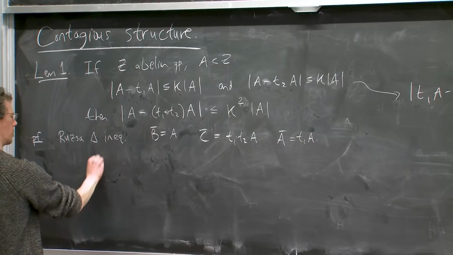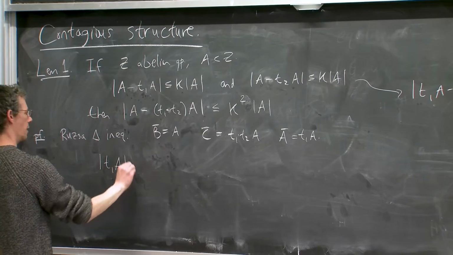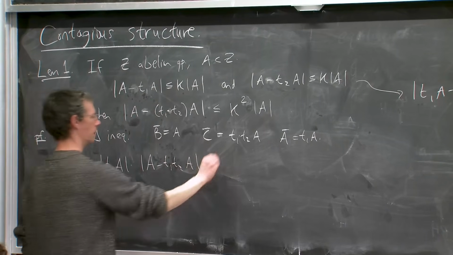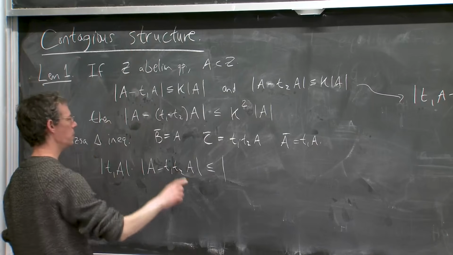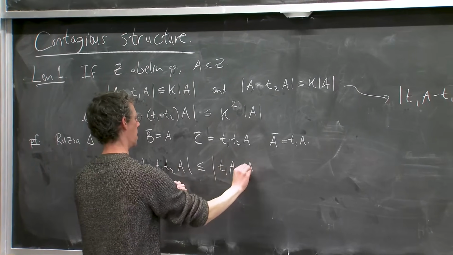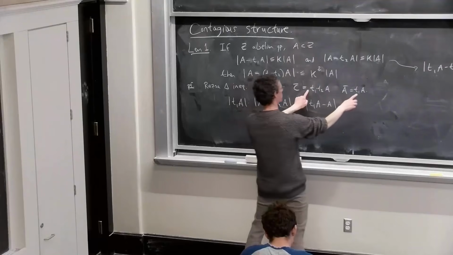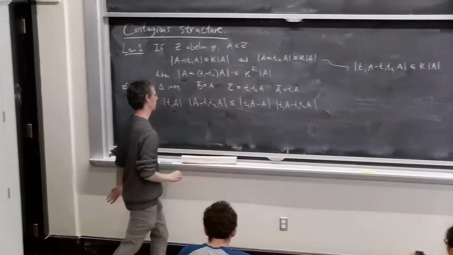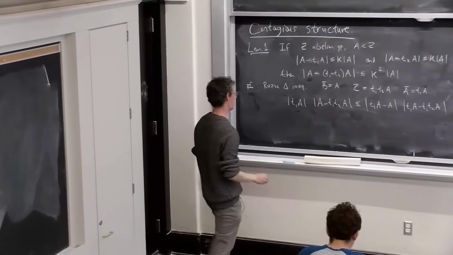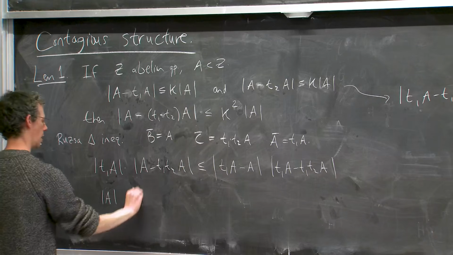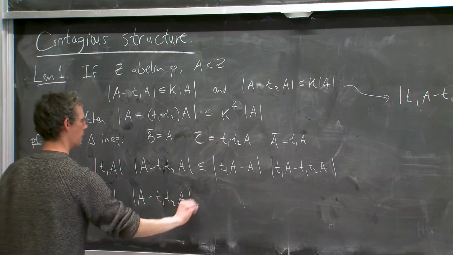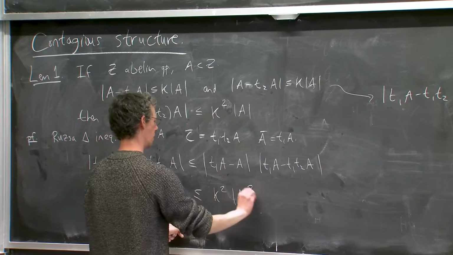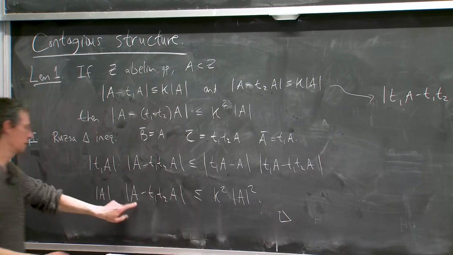Then the inequality says the size of T1A times the size of A minus T1T2A is bounded by the size of A-bar minus B-bar, so T1A minus A, times the size of A-bar minus C-bar, T1A minus T1T2A. So A times the size of A minus T1T2A is bounded by these two that are both small, K squared, A squared, and then that's it. I just divide by A.